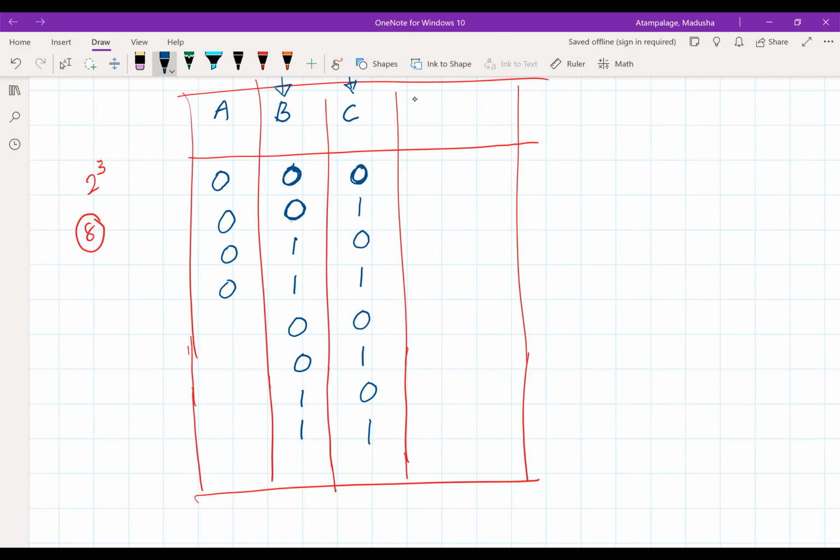Here we have 2 to the power, listen. 2 to the power 1, right? Only 1 0. 2 to the power 2. I made a mistake, okay.